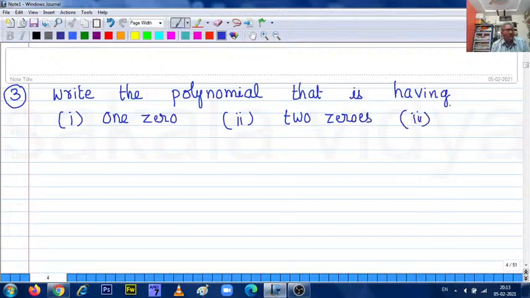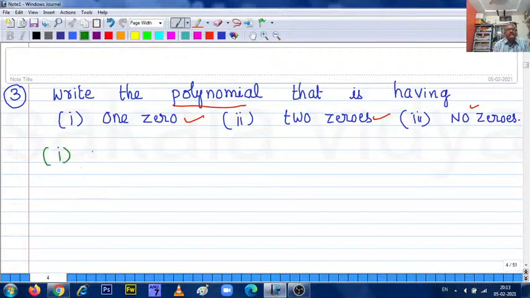Third one, no zeros. So you are asked to write an example of a polynomial which is having one zero, two zeros and no zeros. So first one, let us write first one.